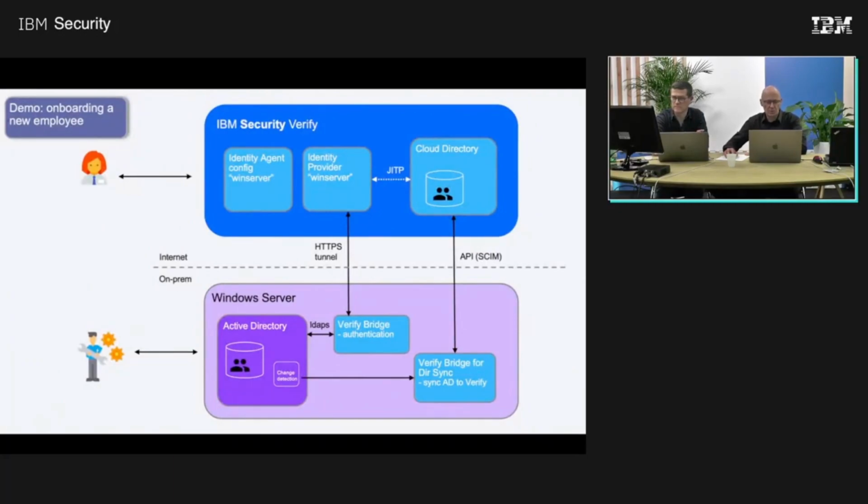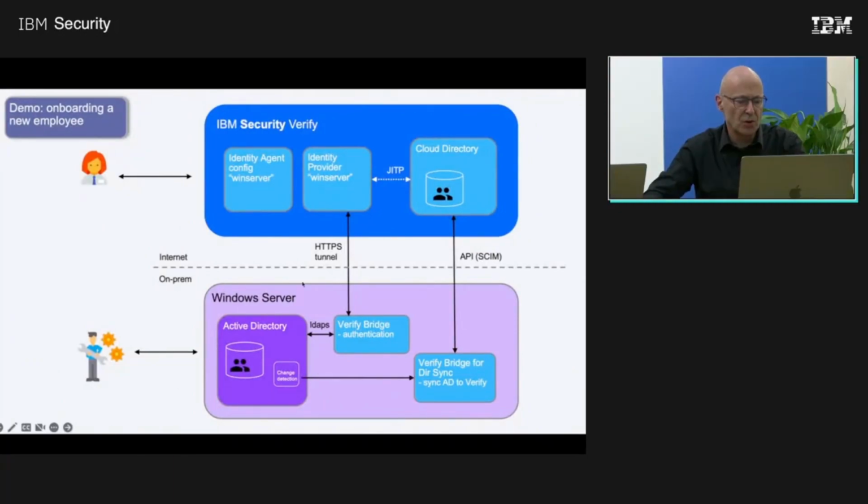So on the one hand, we have the Windows server with an Active Directory. And in fact, we have two components here of the Verify software installed. These are so-called bridge components. These are also called on-prem components, because this is software that you need to install on your premises in your data center.